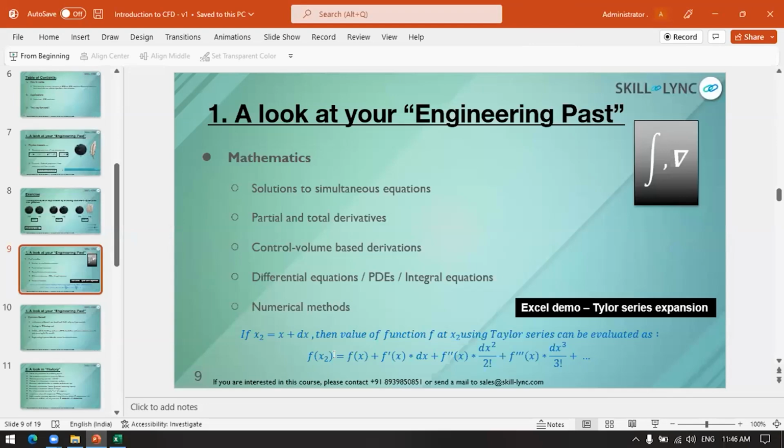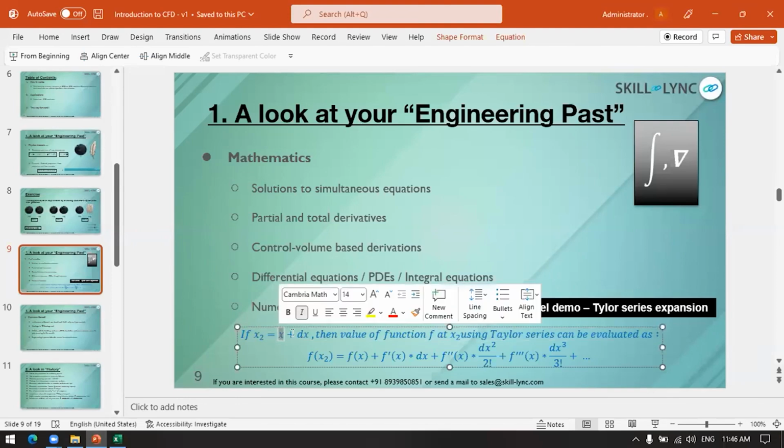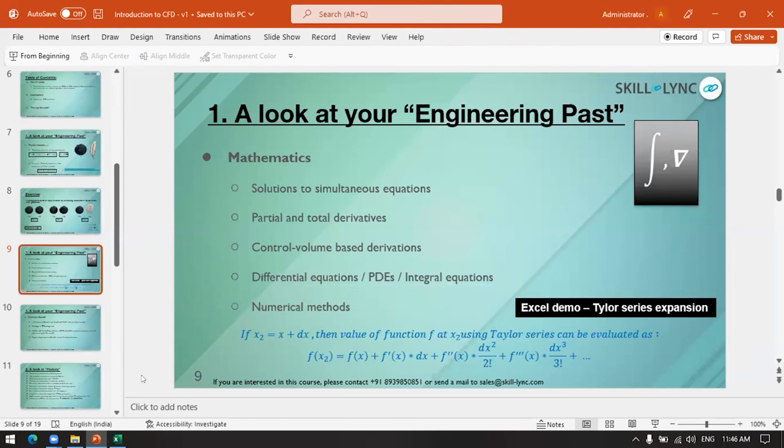See, the aim of this exercise was to evaluate the value of the function at, let's say, 1.1. What are the inputs that we have? We know the value of the function at 1, and we are going to define it as f of 1 plus 0.1, which is a small increment in x.